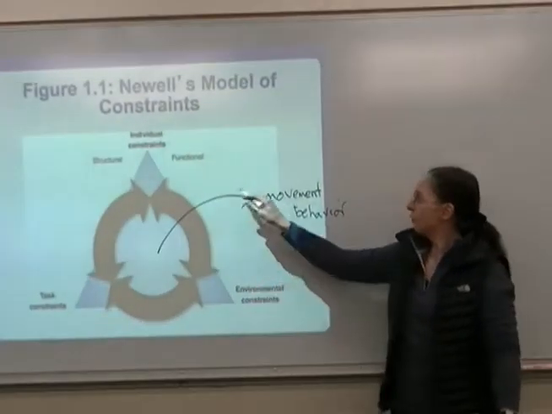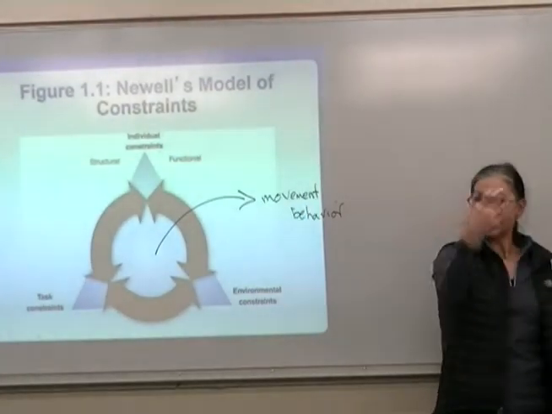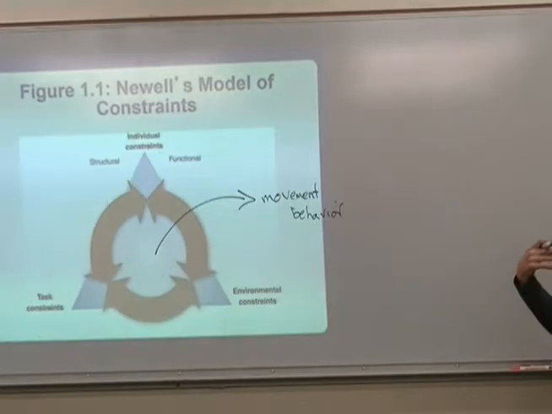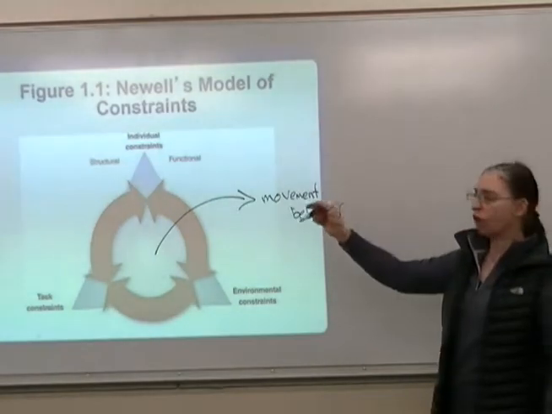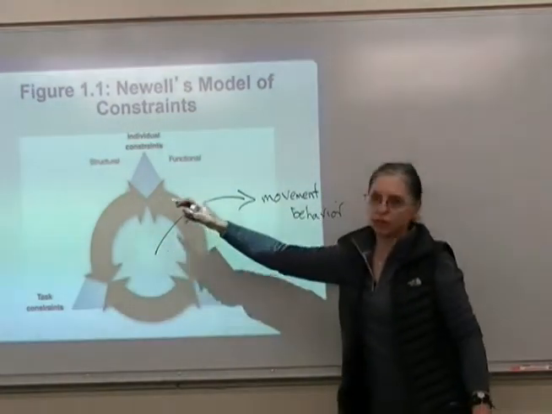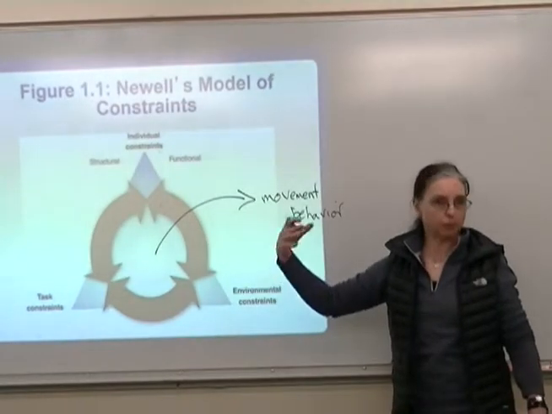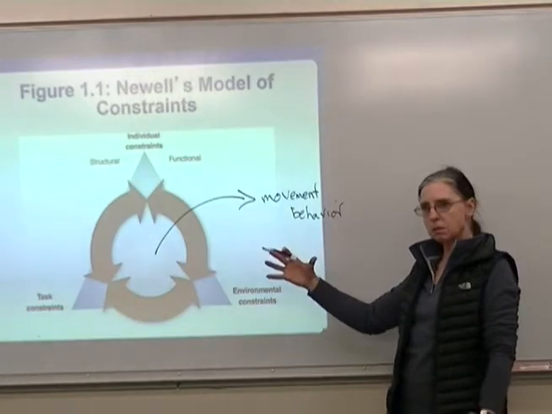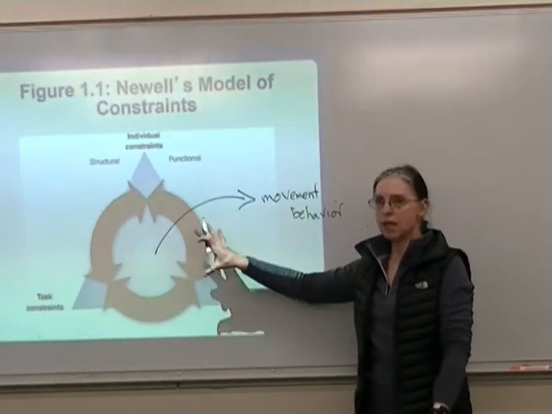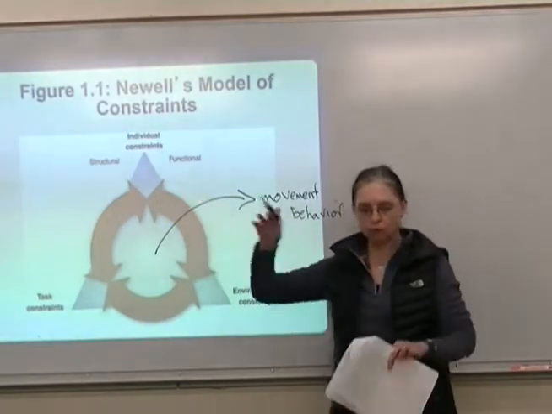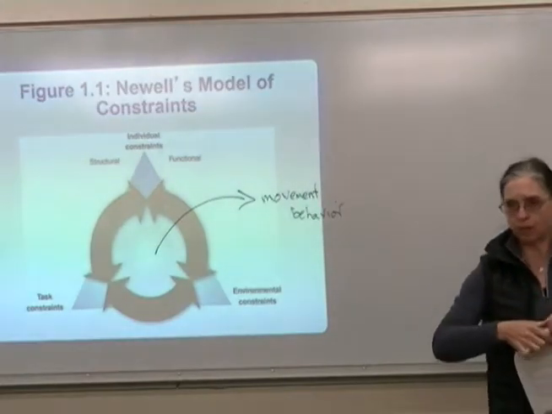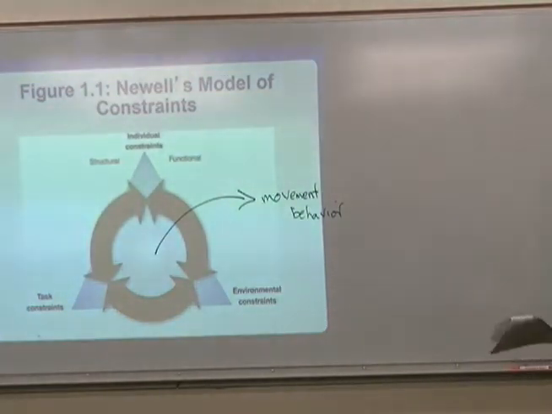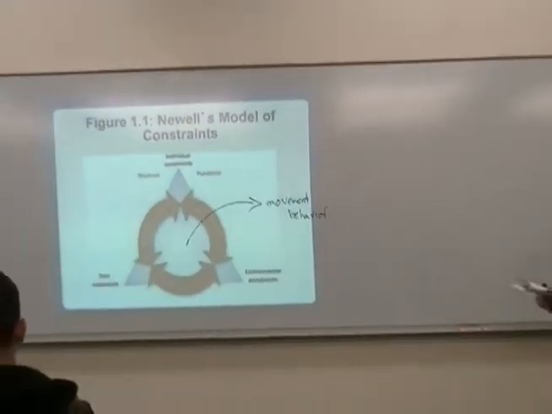So this movement that I get to see arises because all these things are interacting in a particular way on a particular day. Does that make sense? So we're going to take that idea and look at each of these a little more closely so that they make a bit more sense. But we're emphasizing the interaction between the different types of constraints.